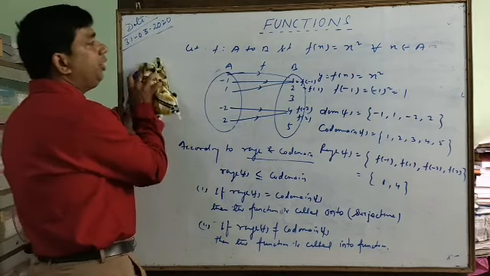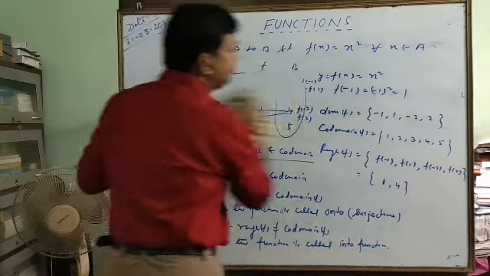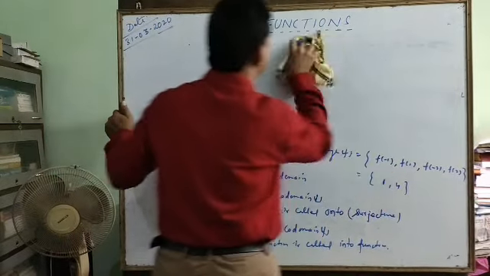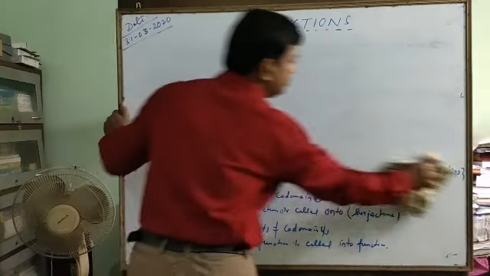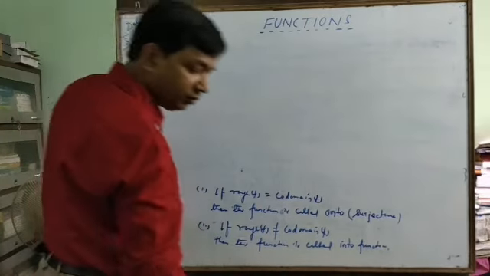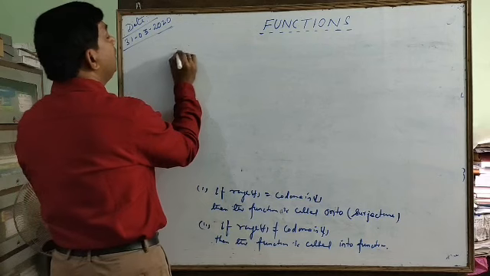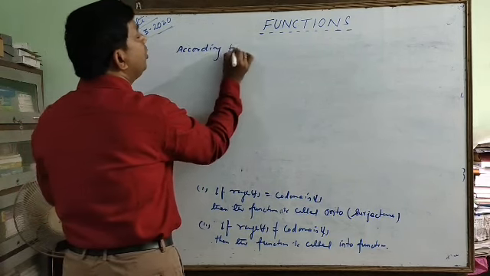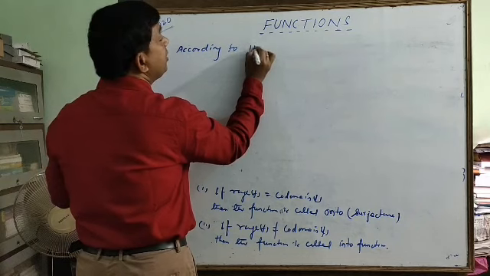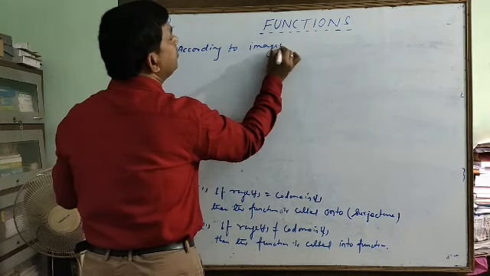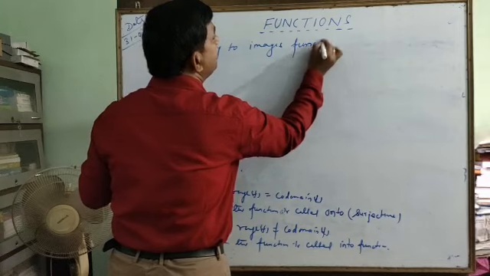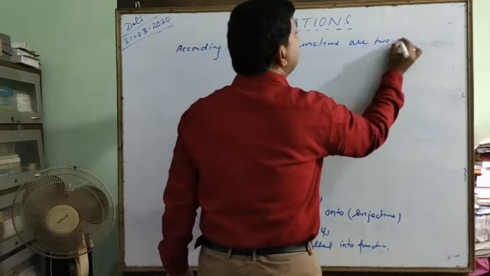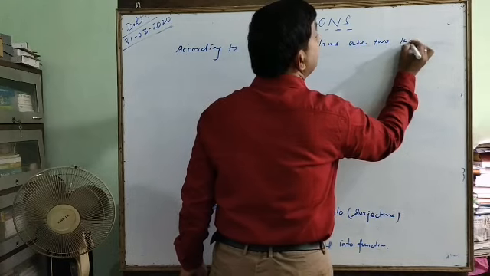So now you see another type. According to images, functions are two kinds.